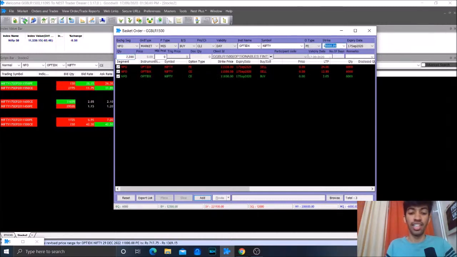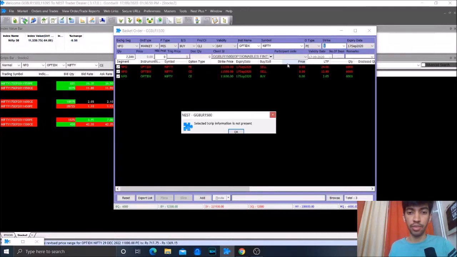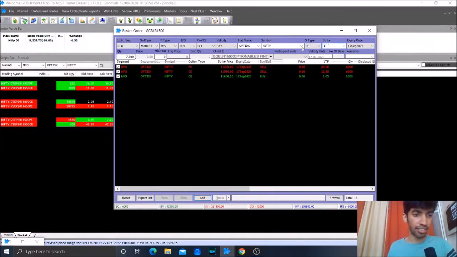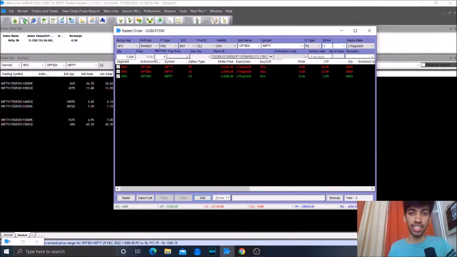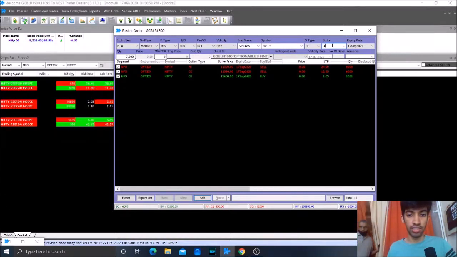Sorry, yeah, 11,500 of 6,000 quantity. We'll go ahead with 11,450 itself because it's trading at quite a good premium of 6 rupees. So that is again 6,000 quantity.